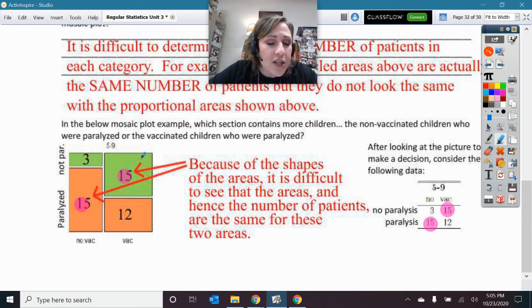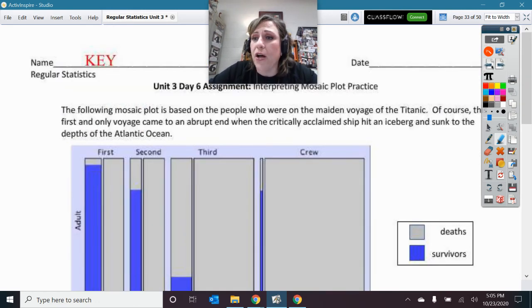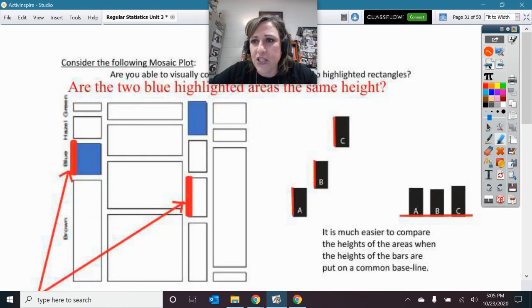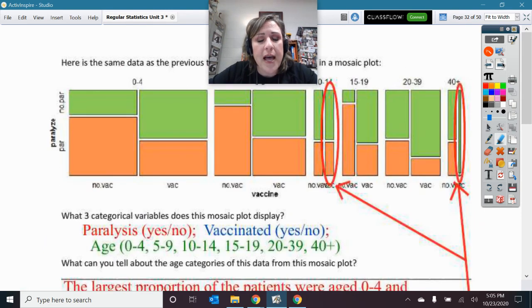But because of the different heights and widths, it is very difficult for me to see that this orange area is the same number of people as this green area here because they are different shapes. So that's another problem with mosaic plots. Overall, there are so many interesting things we can tell with the varying widths and depth that mosaic plots give us.